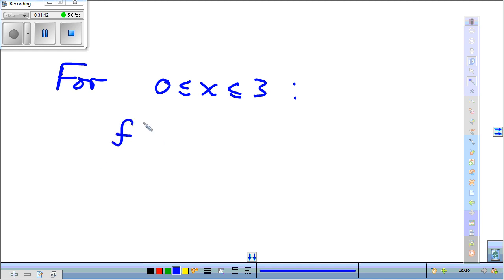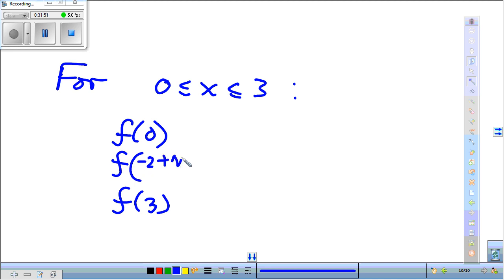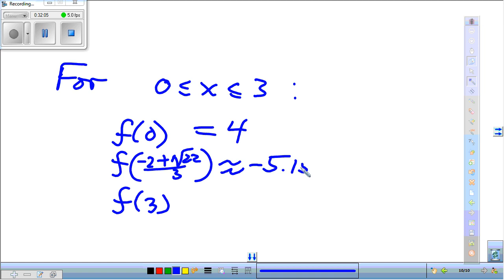So this time we take the endpoints, and only one of the original critical values is in that interval, and that would be -2 plus square root of 22 over 3. So f of 0 was 4. We already have this approximation, -5.1531437.